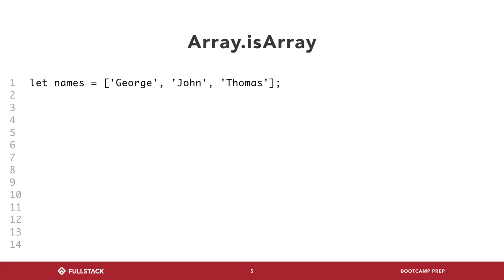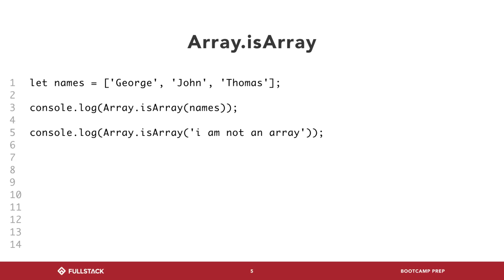Rather, the way to figure out if something is an array is this function called isArray. Notice how the A in Array is capitalized, right? What does this mean? Same thing we saw yesterday with booleans, numbers, and strings. When the first letter of a word is capitalized in JavaScript, it means we're looking at a class, right?